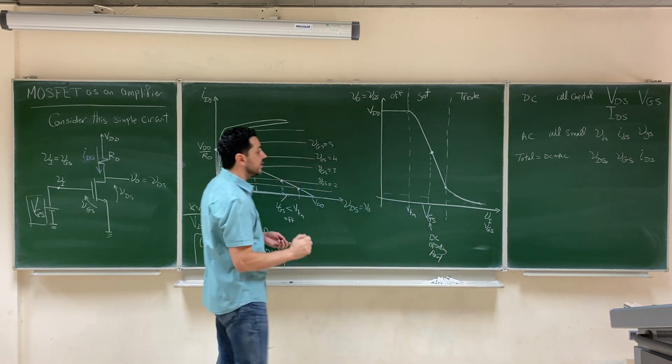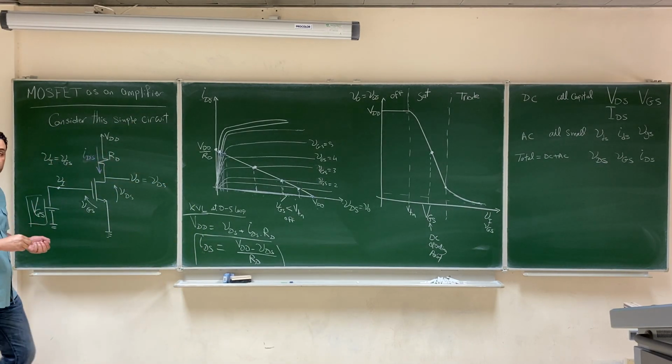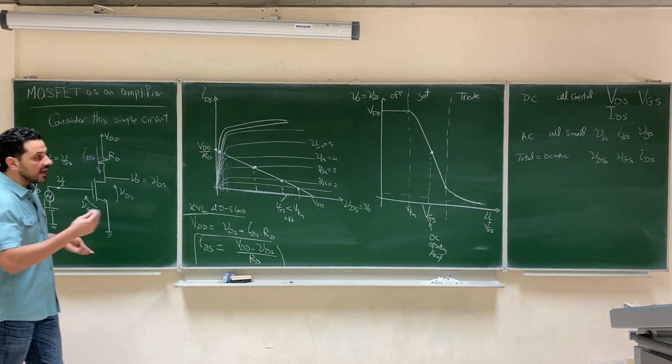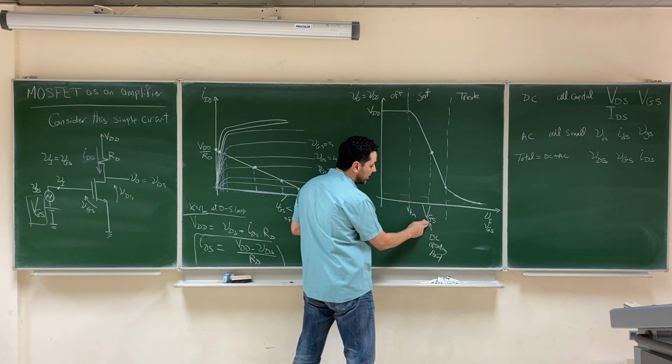And now, let's inject our AC signal superimposed on this VGS. So let's here add our AC signal, and we are going to call it small vgs. So we are going to inject our AC signal superimposed above VGS. So what happens now is the input is not a DC signal only, it's a DC signal plus an AC signal. So the input is going to change around this DC value.